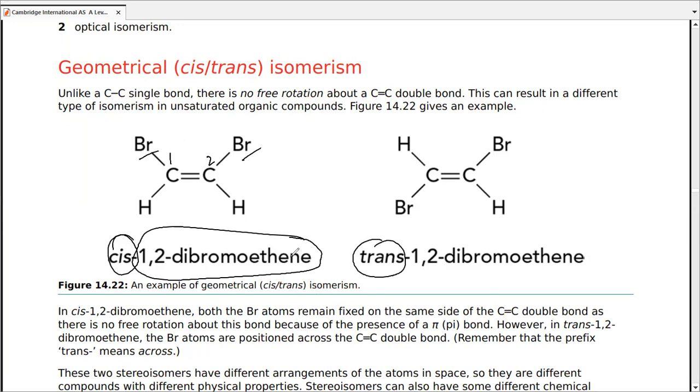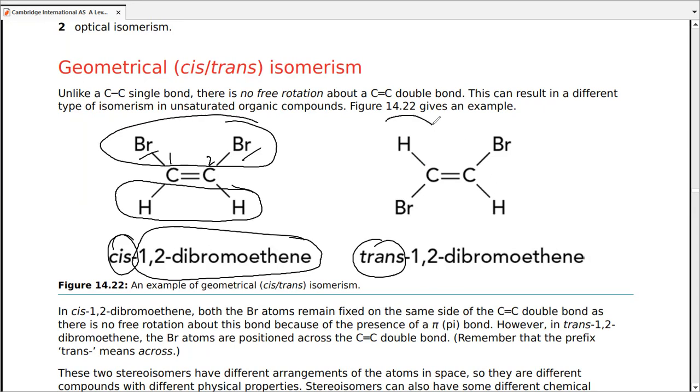Now, if you take a look, the cis is based something like this, same atoms on the same side, and the trans is actually based like this. Whenever we define these, we define them in a similar way. In trans, the same kind of atoms are present on the main diagonals.